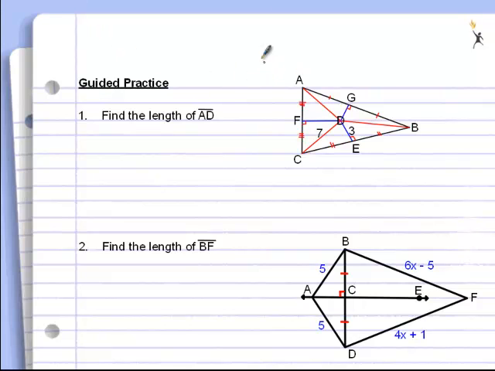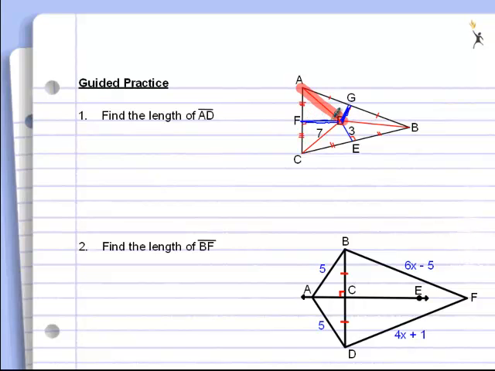Let's take a look. We're told to find the length of AD. Here's AD. Now they give me some other information here. They give me that DG is a perpendicular. There's my perpendicular mark. And it's a bisector, so it's a perpendicular bisector.